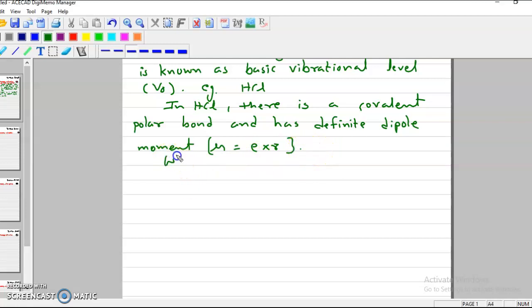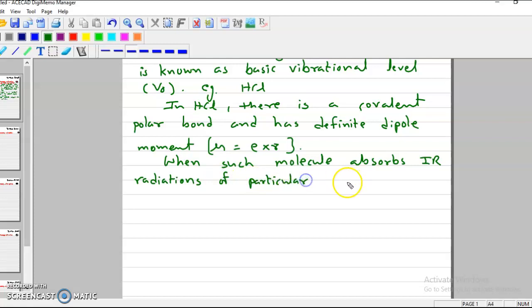When such polar molecule absorbs infrared radiations of particular frequency, atoms start vibrating vigorously.